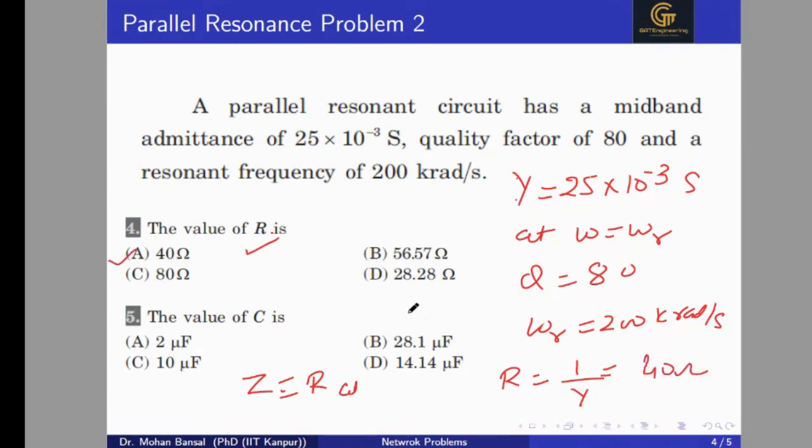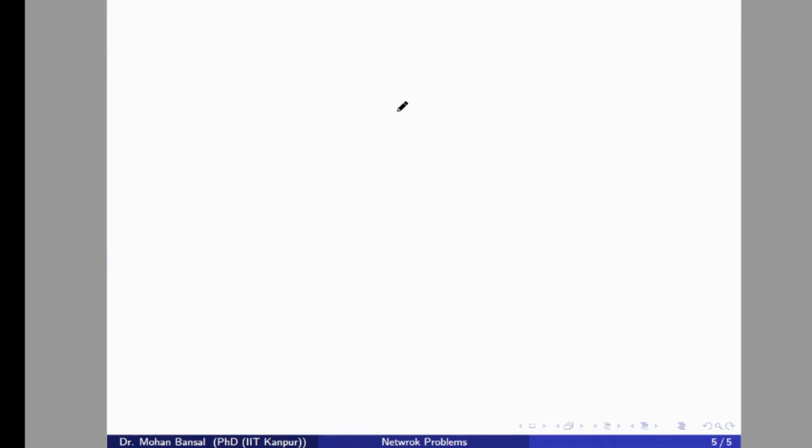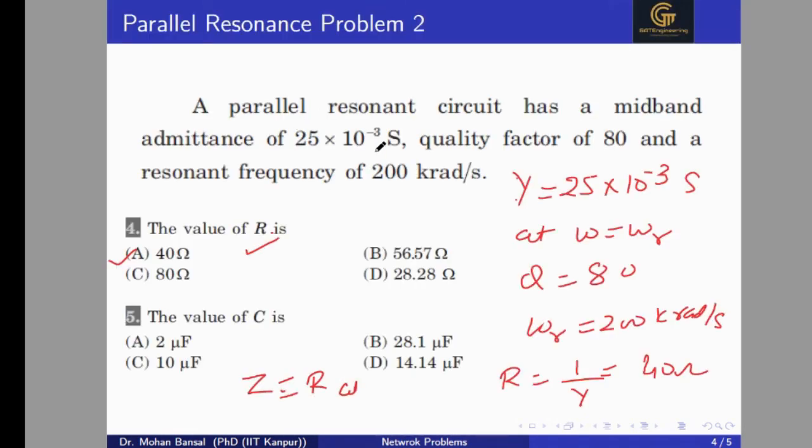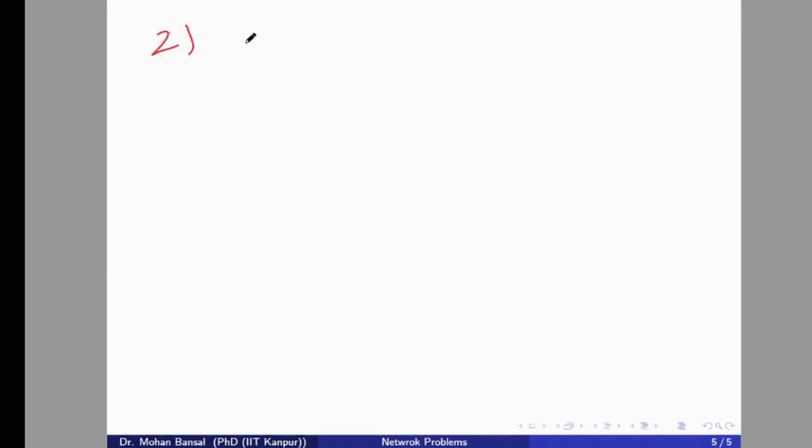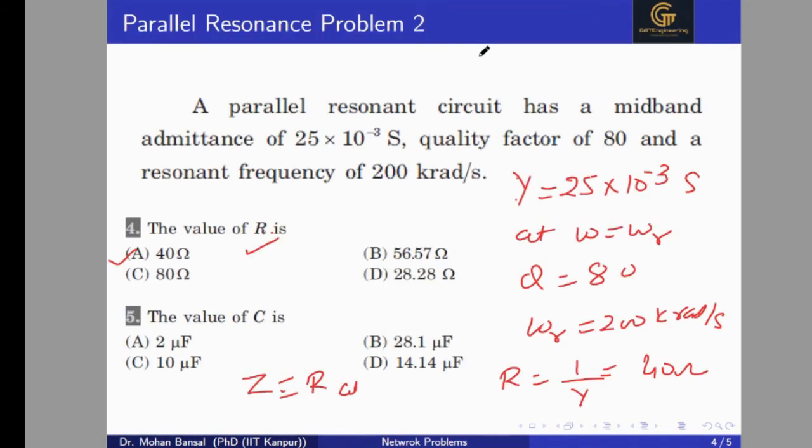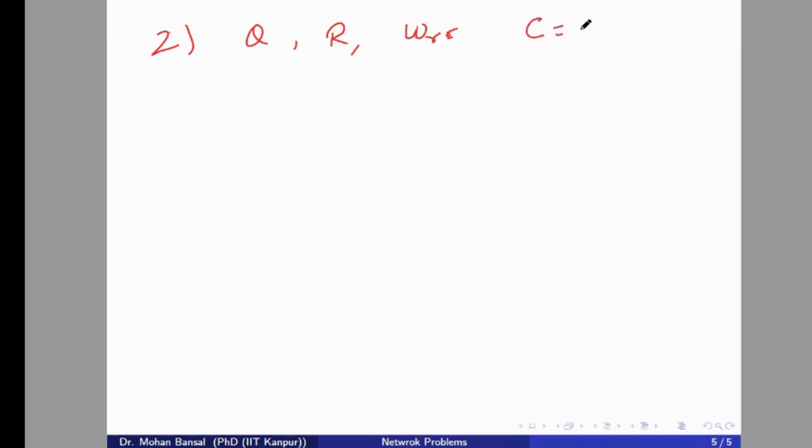Now for the second problem, the value of C. In the second problem, what do we have? We have the quality factor, we have the value of the resistance, and we also have the resonant frequency, omega R. Now we have to compute the value of C. So you need to remember how we can solve it.